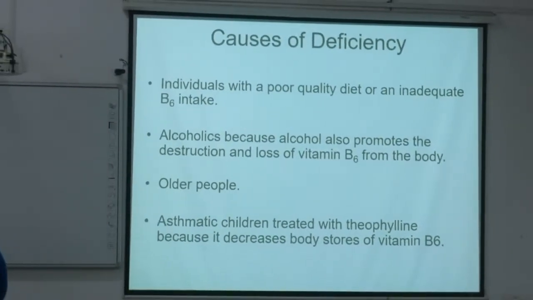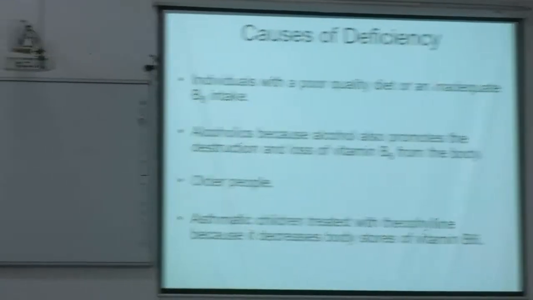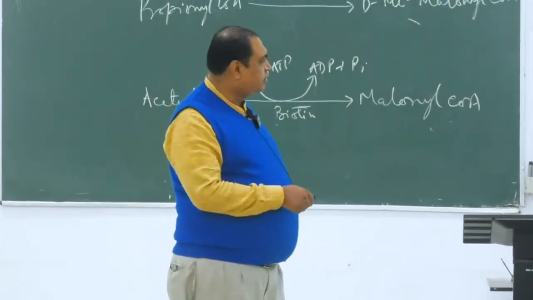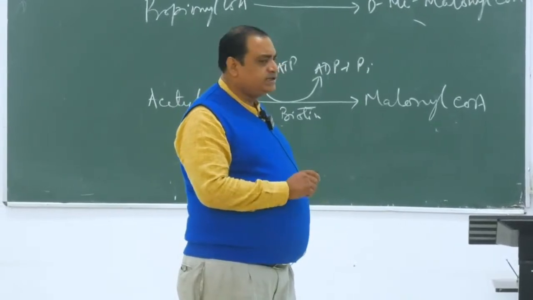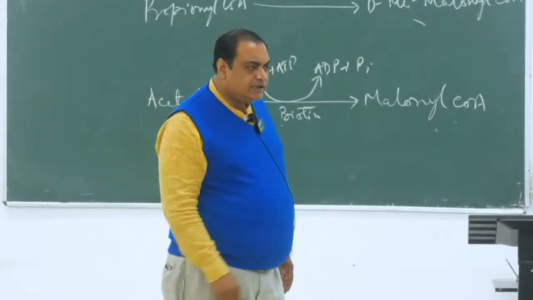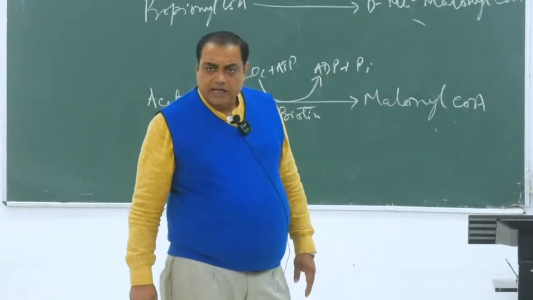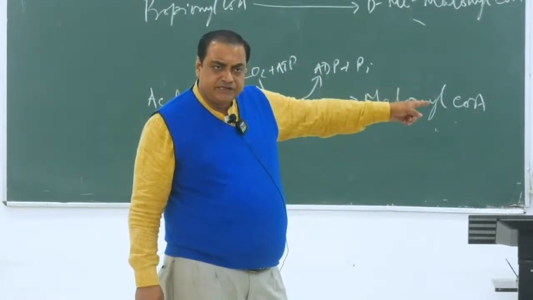Causes of B6 deficiency. See, this is very, very important. Let's go through it. Individuals with poor quality of diet, a poor person cannot eat. Malnutrition is one of the causes. Inadequate B6 intake. Second is chronic alcoholics. Chronic alcoholics will show B6 deficiency.